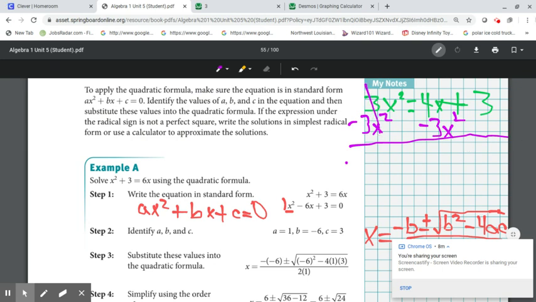And the other side is going to be -3x squared plus 4x. I'm sorry, y'all. My computer is tripping. Plus 3 equals 0.